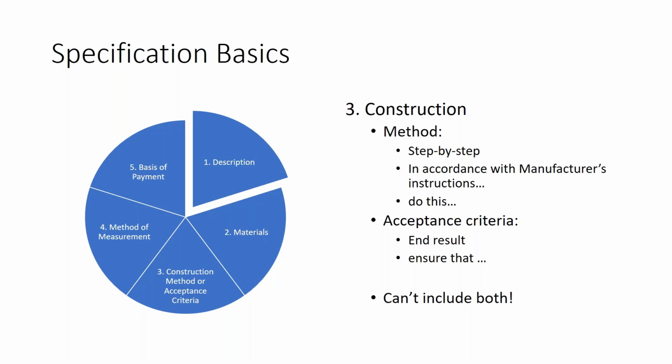Ensure that some result is accomplished. Always be careful that we don't include both. We can either tell the contractor how to do it, or we can give them the end result as to what we want, but never both.